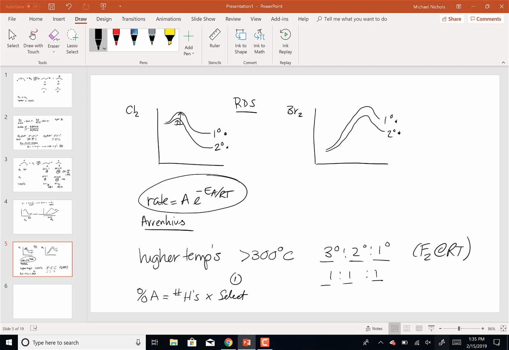And the reason is because fluorine is so exothermic that at room temperature you're basically forming all the radicals at the same rate. And when fluorine comes in contact with a hydrocarbon, it just explodes. The reaction can't be controlled. And that's just simply because fluorine is the most reactive, one of the more reactive substances that we have.